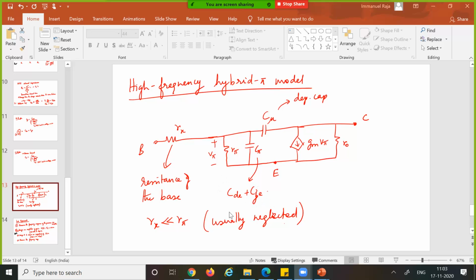These two together form this capacitor which we call C pi. C mu is between the base and the collector. This is the base emitter capacitor. C mu is between base and collector, and this is because of the depletion region formed between the base and the collector. So we looked at the origin of these capacitors, and because these capacitors are going to come into the picture, they are going to do something to our frequency response.